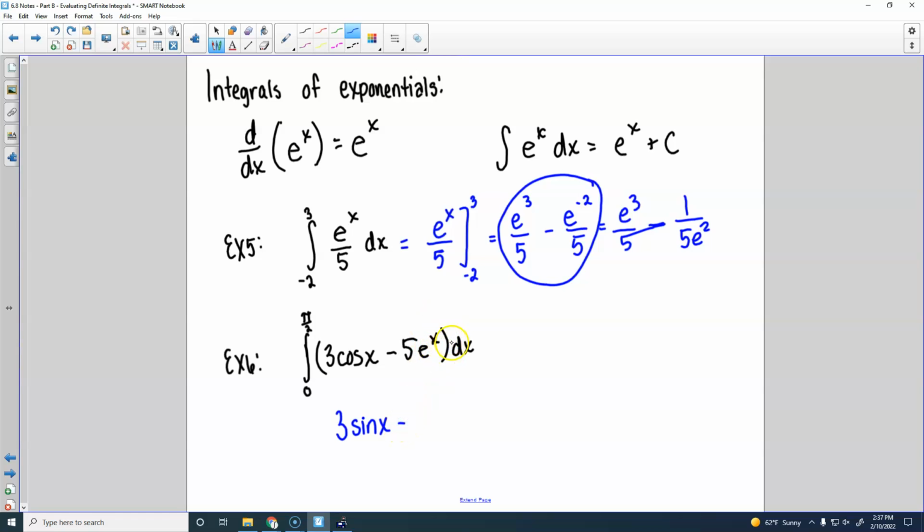What is the integral of 5 e to the x? 5 e to the x. And we're going to be evaluating this from 0 to pi over 2.